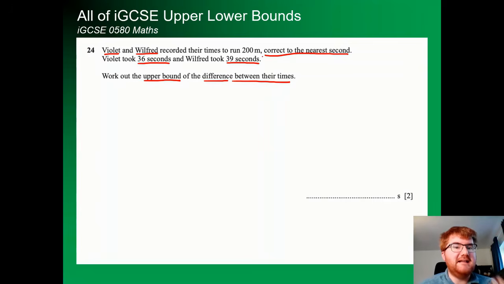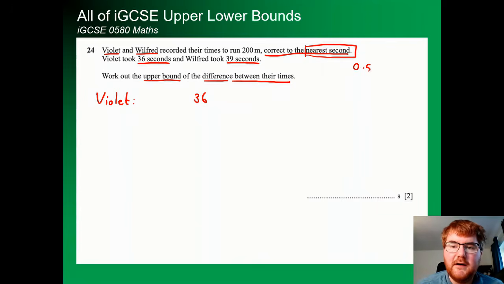So the way I'd break this question down is let's just identify the upper and lower bound for each person. If we take Violet, for example, we have 36 right in the middle, and we're doing it correct to the nearest second. So what I'll be thinking about here is 0.5 seconds, because that's going to give me the information to either round up to 36 or round down to 36.